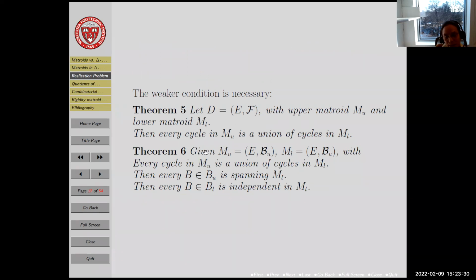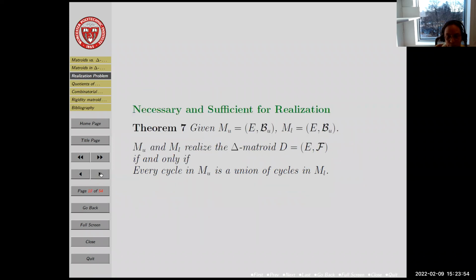And then we can prove very simply that every basis of the upper one is actually spanning in the lower, and every basis in the lower matroid is independent in the upper matroid, and we can produce a delta matroid from this information.